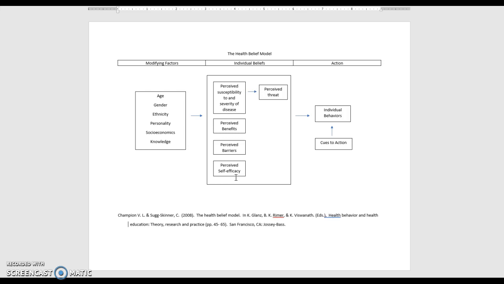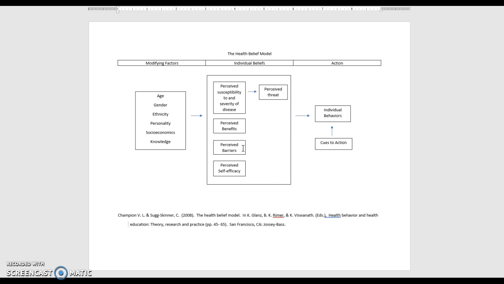So they see the susceptibility and the severity of potentially the disease processes that can happen with smoking. They know the benefits of stopping smoking. It reduces their likelihood, and it might be a cost savings for them. Some barriers might be, well, everybody else smokes around them, and it would be really hard to go against their peers.